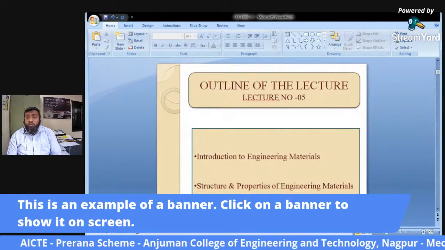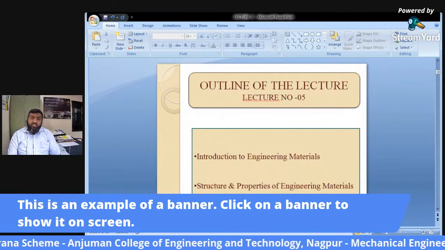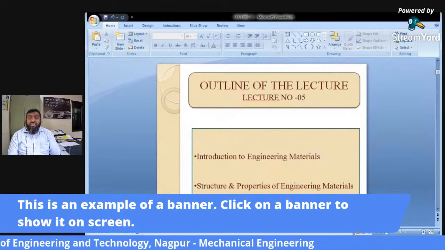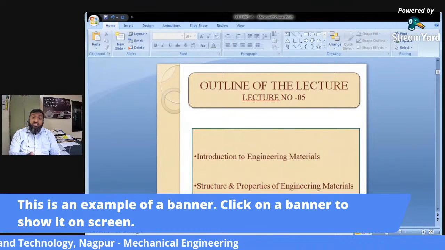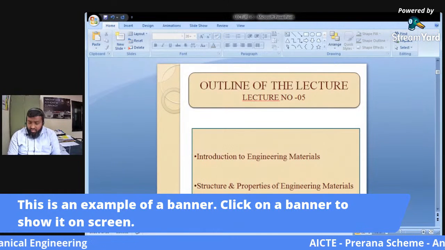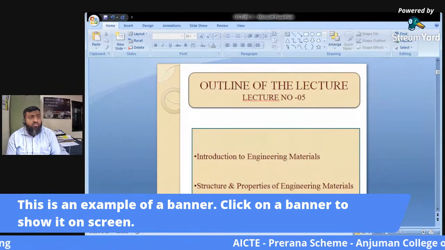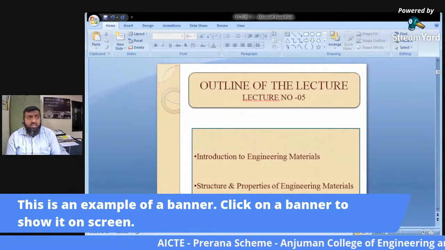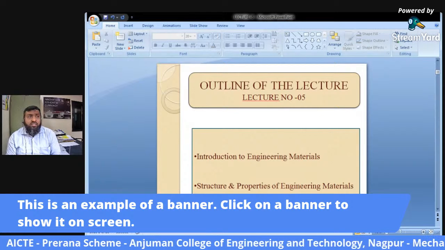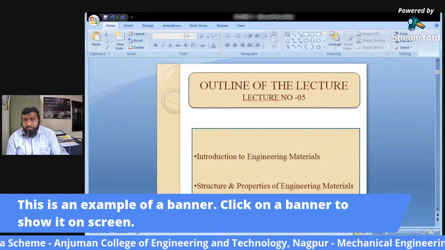So, as far as materials are concerned, how do we generally define materials? Moreover, engineering materials. Now, what is the difference between material and engineering material? There are n number of definitions in our regional languages, in the conventional way, and in the technical languages.